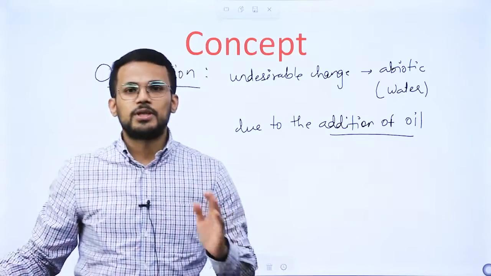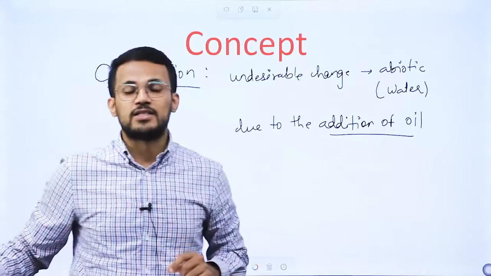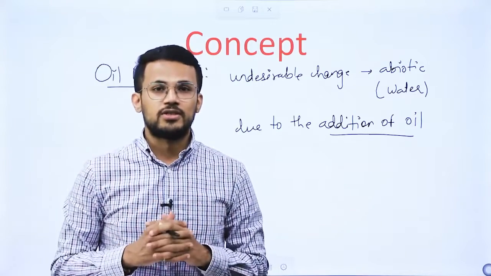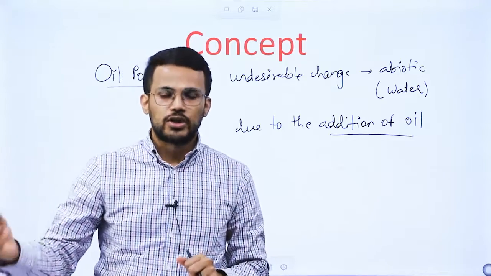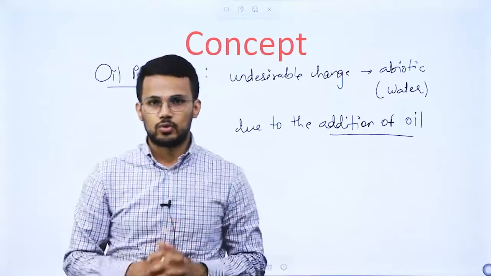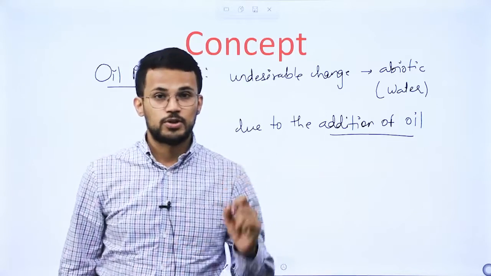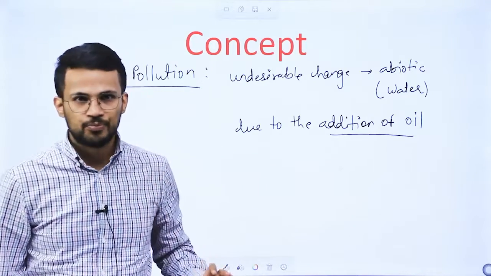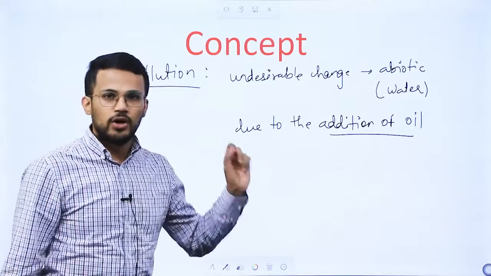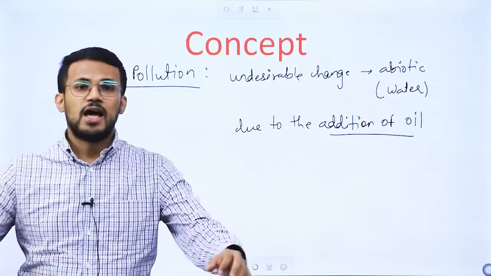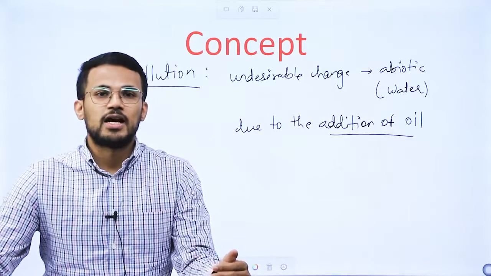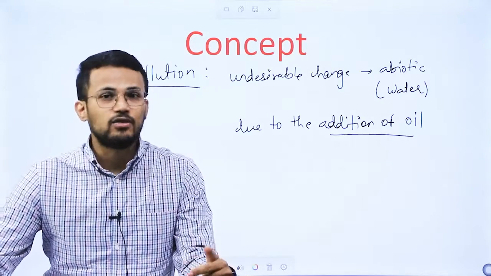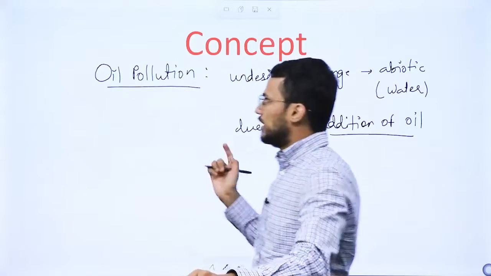It may also be the result of natural activities, and it can also be the result of the discharge from terrestrial locations to the marine ecosystem or towards the water bodies, especially oceans, seas, etc. Right? So that is what oil pollution is, and this oil pollution has a number of impacts, especially on the marine ecosystem, and that we will discuss under the answer.